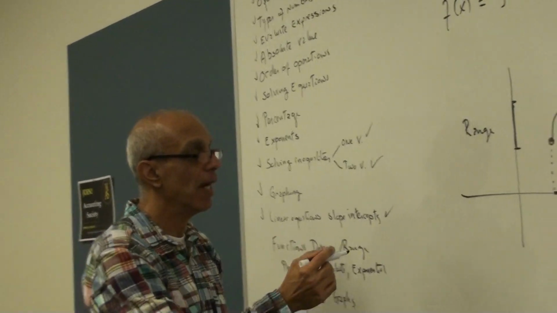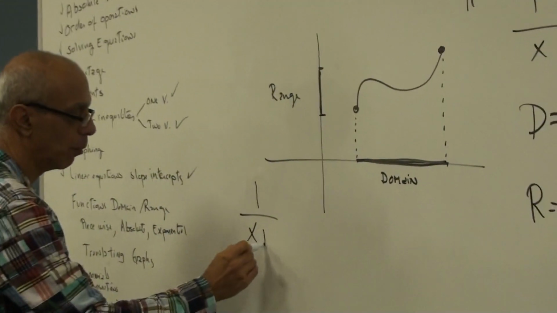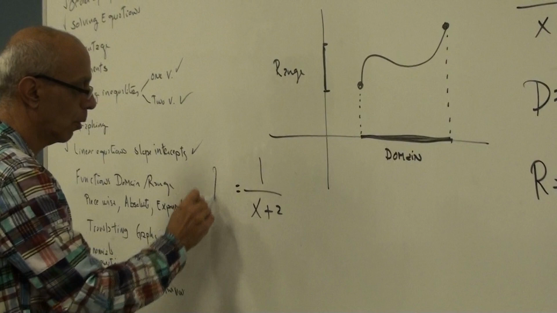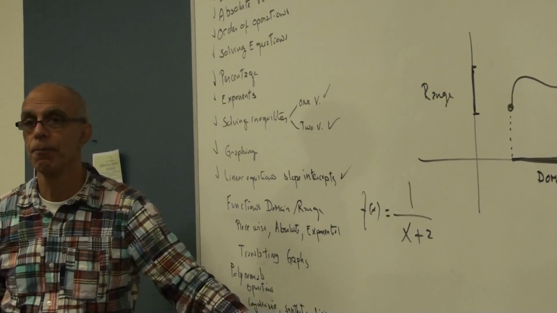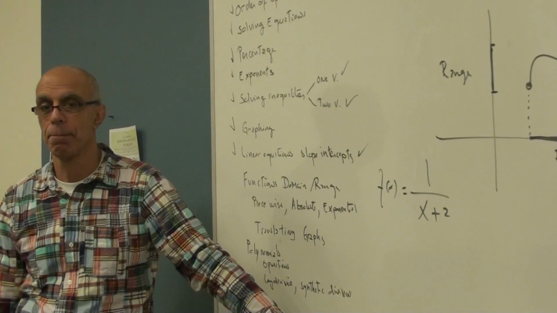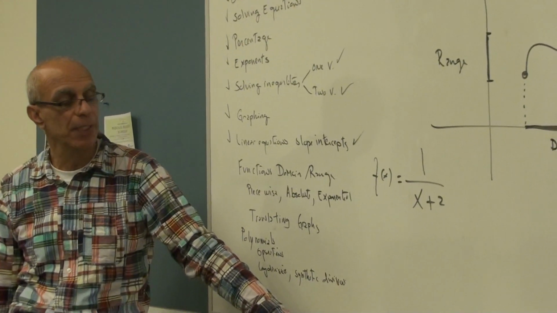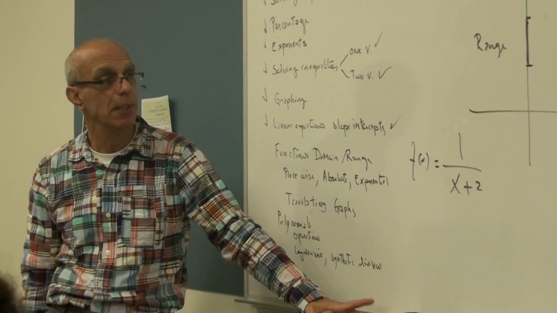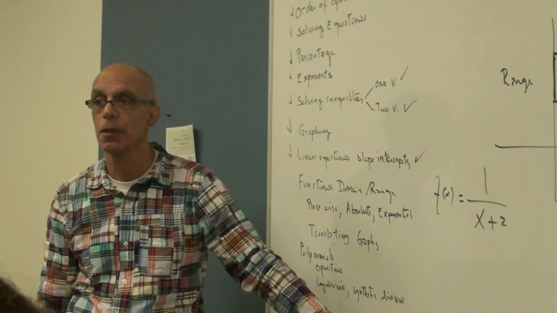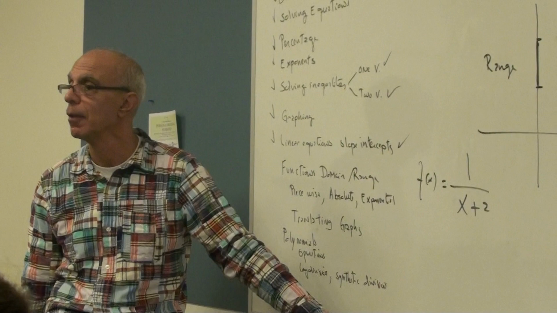Okay? Now, if I have 1 over x plus 2, what is the domain here now? Can x be 0? Yes. So what is the value of x that this function cannot take? Minus 2.